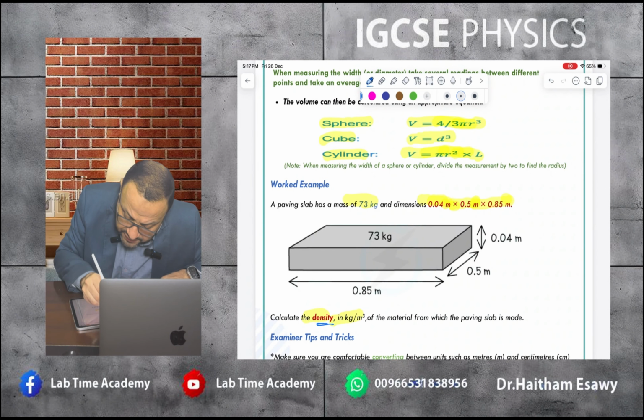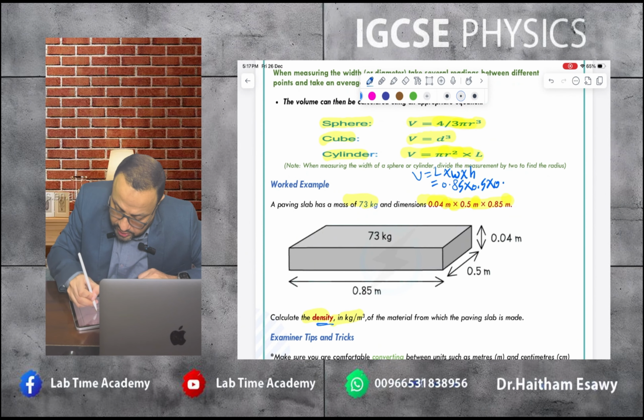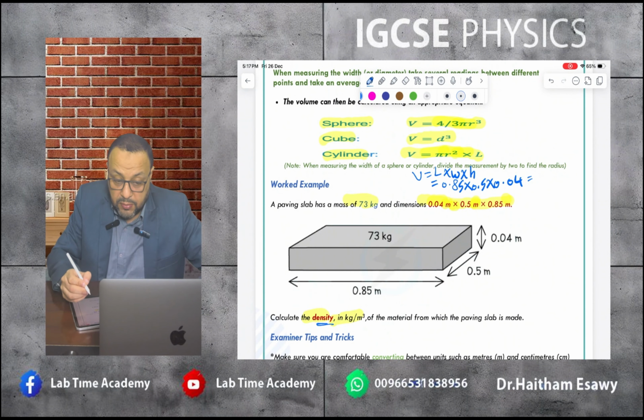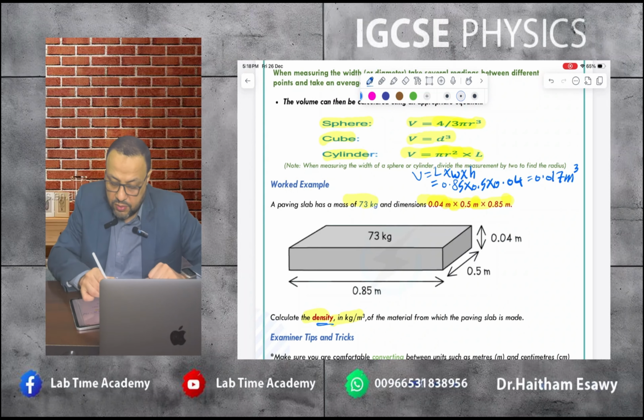So V equals length times width times height, which equals 0.85 times 0.5 times 0.04. Just multiply all of them to obtain 0.017 cubic meter.